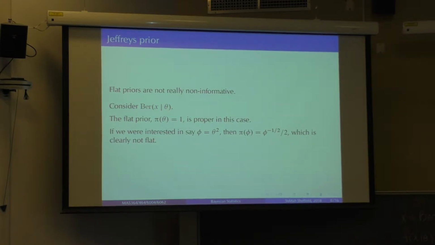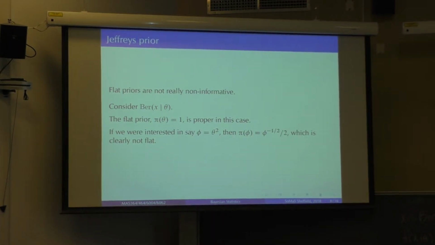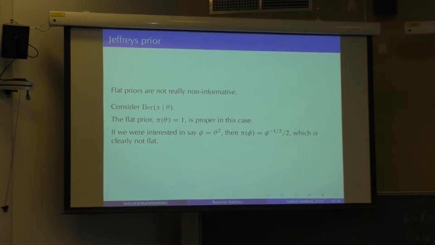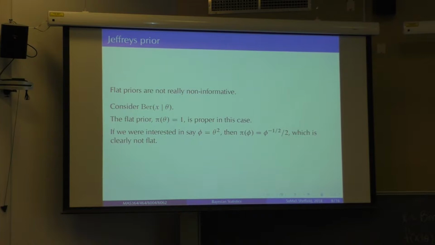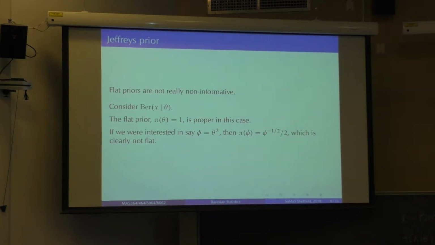And even before that, there were people trying to come up with ways of proposing priors that were non-informative. So that means priors for which we need not do any elicitation. We just need the model, and out of that model, we come up with a prior that will have as small an effect as possible on the posterior. Okay? There's a vast literature on that.